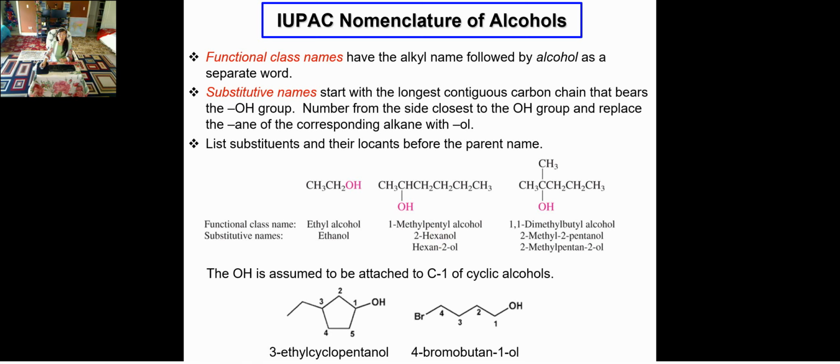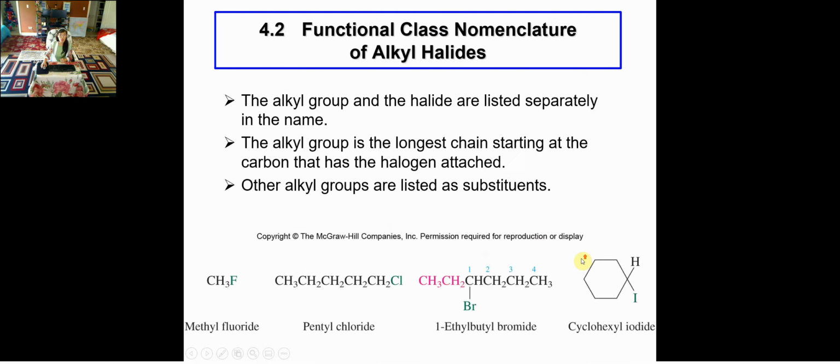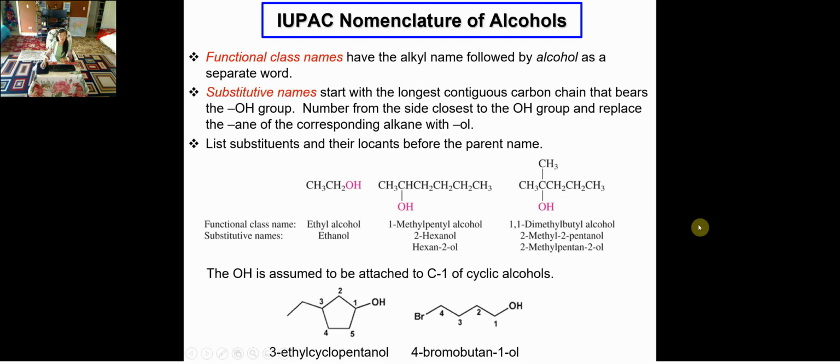So the last molecule, the example on this page. In this case, you have a carbon which is directly connected to the oxygen. Based on the functional class nomenclature, this carbon will be your first carbon. So from your carbon 1, find the longest carbon chain: 1, 2, 3, 4.